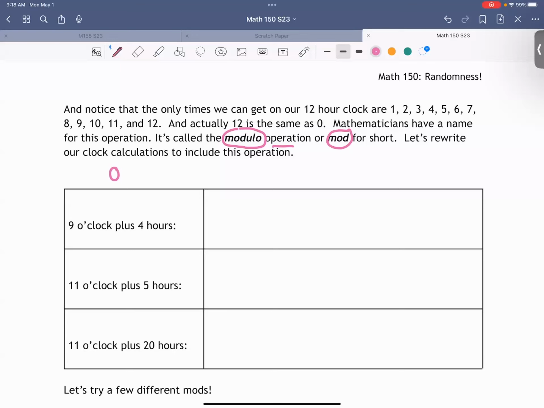Okay, so if we're doing a modulo 12 operation, like we did before, the only numbers we can get are 0, 1, 2, 3, 4, 5, 6, 7, 8, 9, 10, and 11. Okay, why wouldn't 12 make sense with a mod operation?